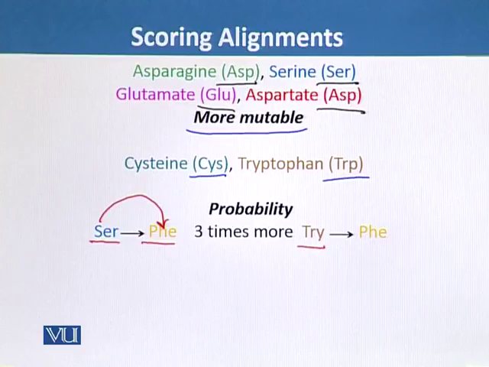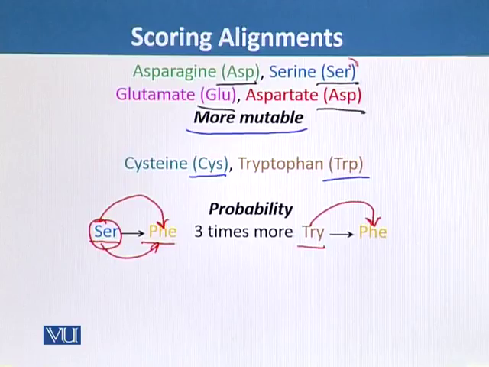Tryptophan is also converted to phenylalanine, but this mutation is 3 times less frequent than serine changing to phenylalanine, because serine belongs to the group of more mutable amino acids, and tryptophan is a member of the less mutable amino acids. So the probability is 3 times more for serine as compared to tryptophan.